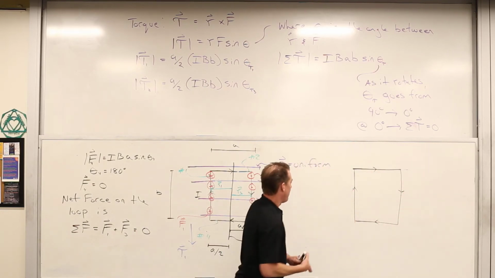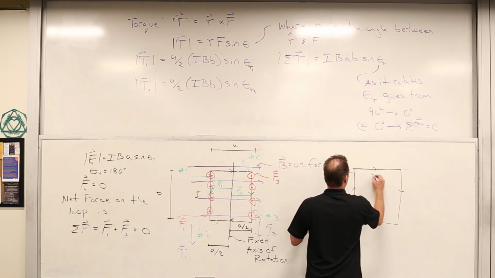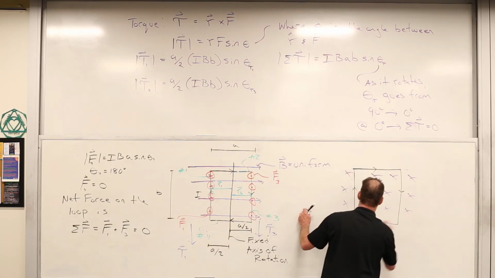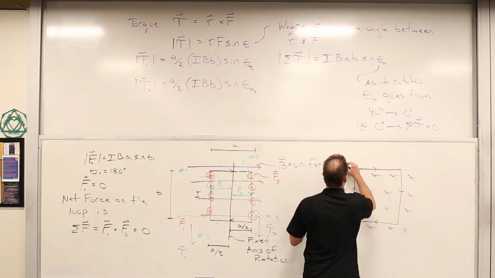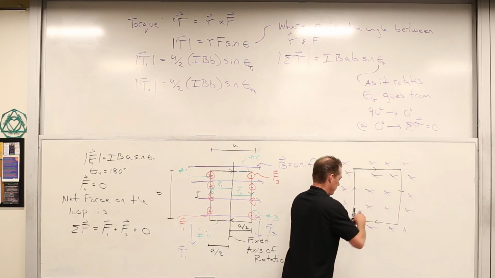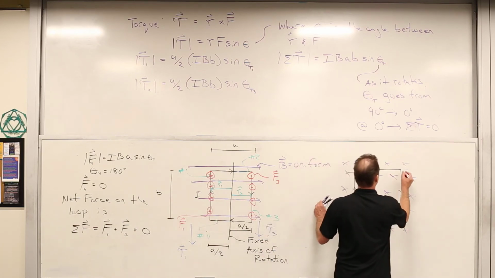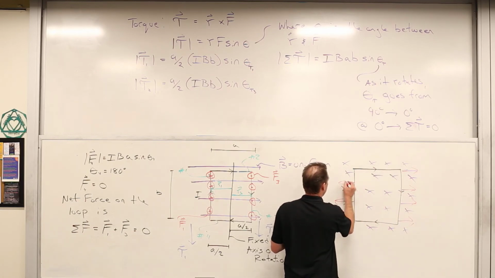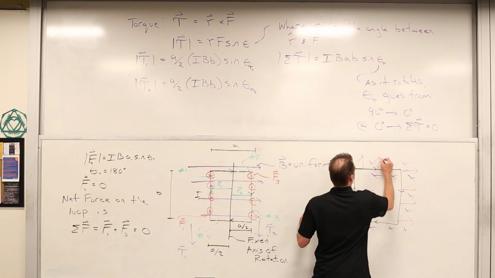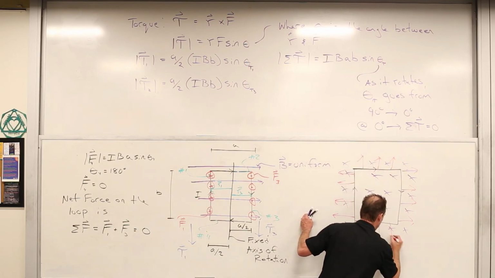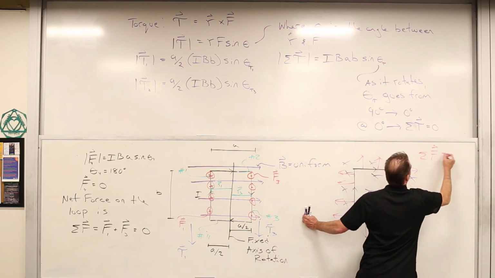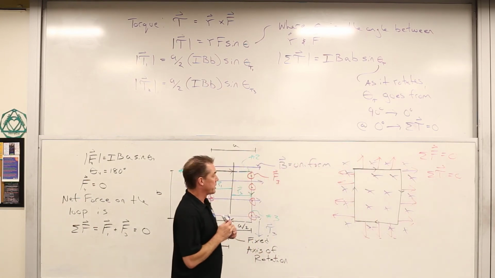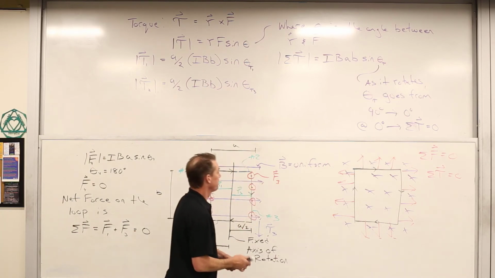The magnetic field now, in terms of the alignment, this way, and we've got torques that are equal to 0 because of the orientation of the forces with respect to the loop itself.